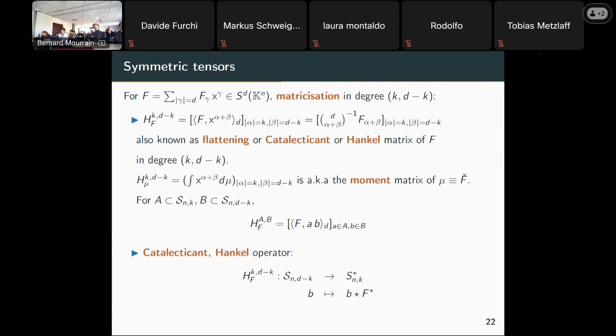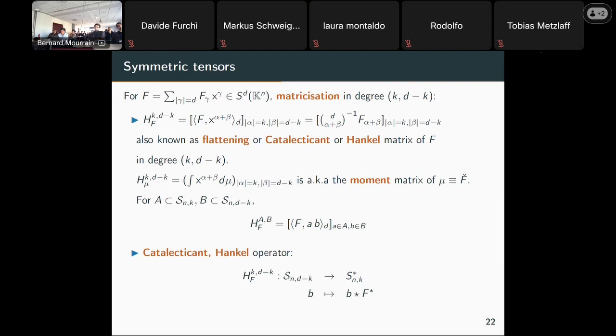We have a Hankel operator which goes from the vector space of polynomials of degree D minus K to the dual of polynomials of degree K. In the presentation of Alexandra, it was in fact a map going from the dual to the space of polynomials. And then you have the dual variables U, which represent the differentials, which were used. So here we work from the primal space to the dual.